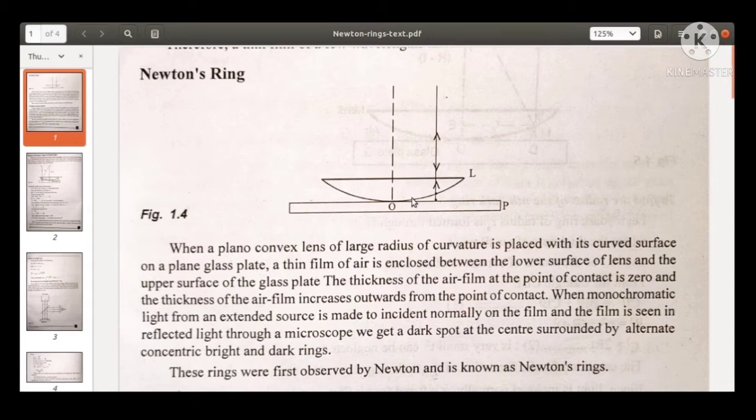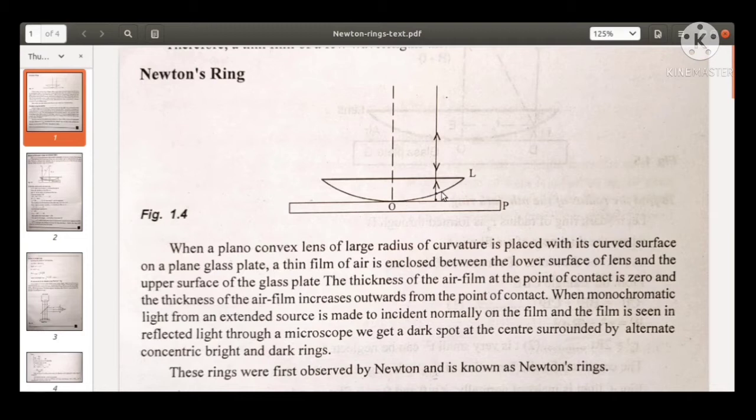With this distance R, and similarly R to the left side, this will represent a circle. Okay, so in this circle of radius R, the thickness will be T.